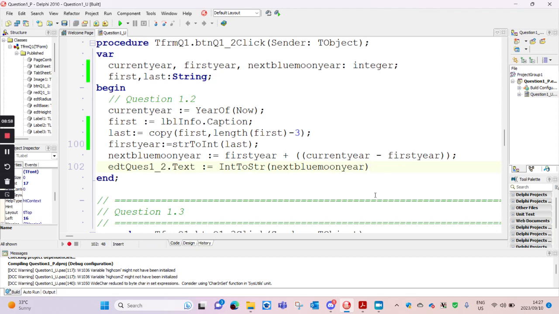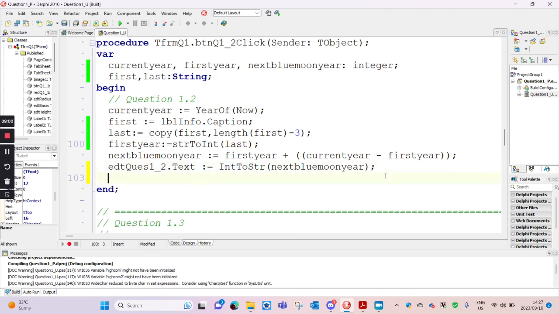What is happening here? If you go current year minus first year, and you say first year plus that, what will you always get? Yeah, because you say first year plus, and it minus first year, so they cancel each other out. You always get the current year.